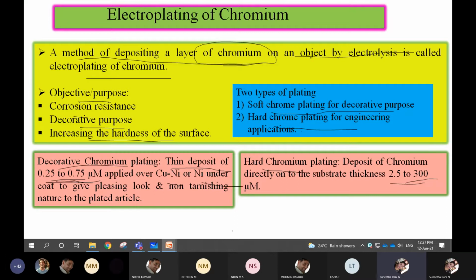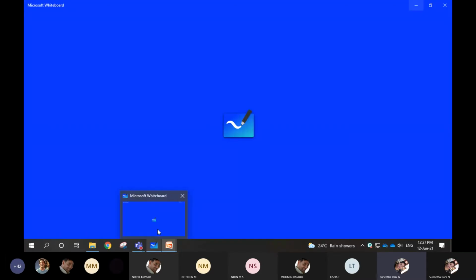In the next slide, I'll explain how to take the chromium process.